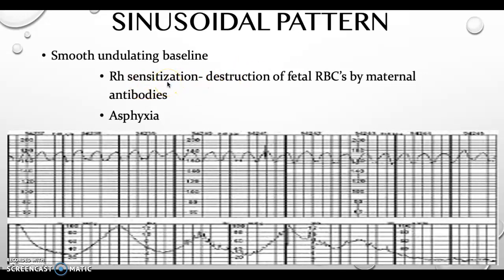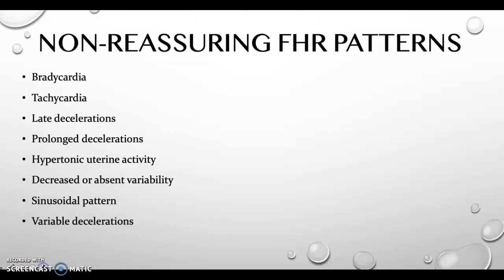Excuse me. So if you see these things, that baby needs to be taken by C-section in an emergency situation, and we need to get that baby out. And that baby will have problems most likely afterwards. It will be in the NICU and hopefully won't have lifelong problems. So let's talk about this again. I just made this slide so you know all of these right here are not good fetal heart rate patterns.